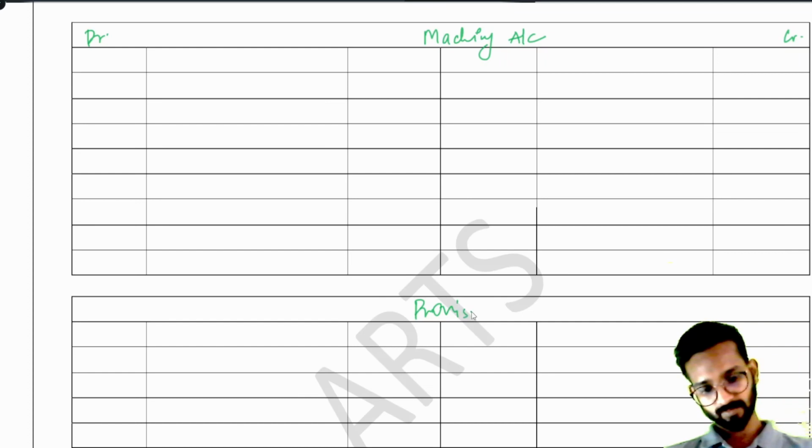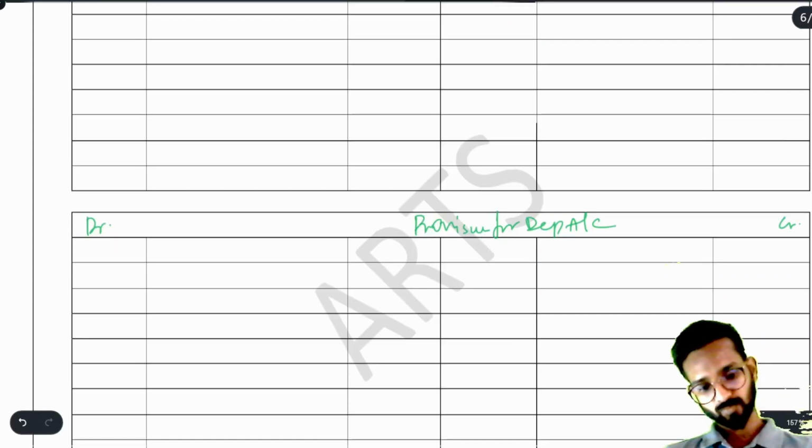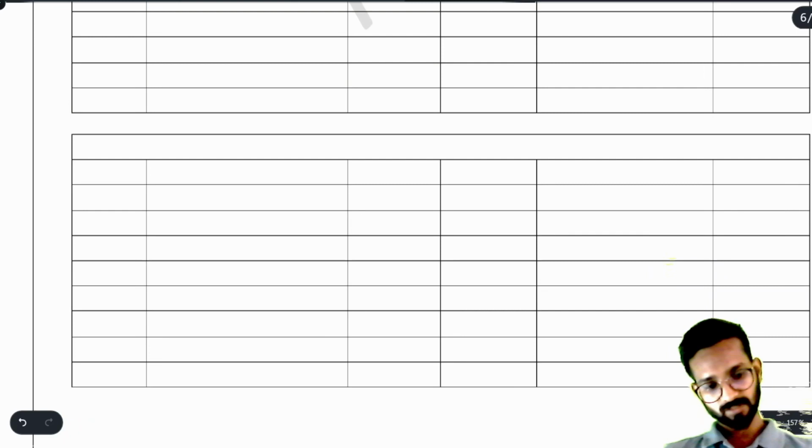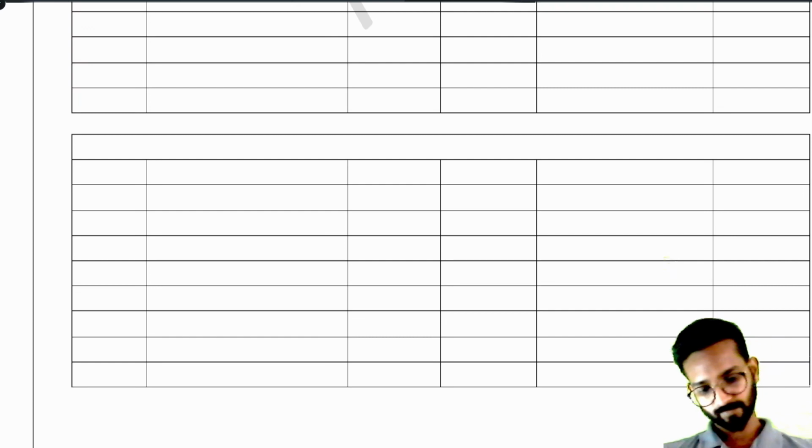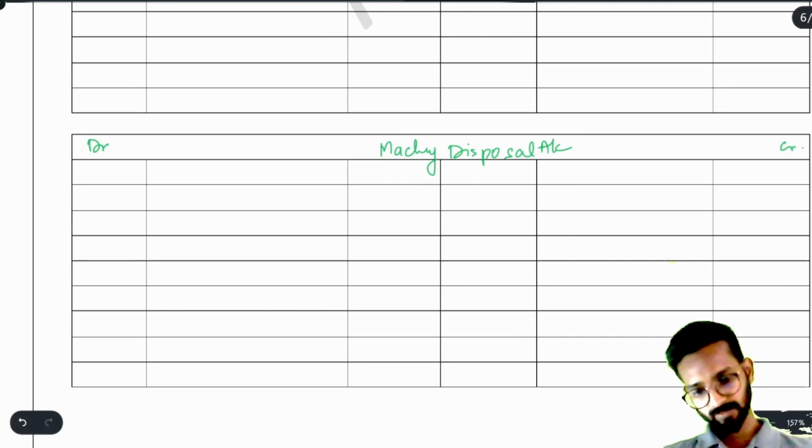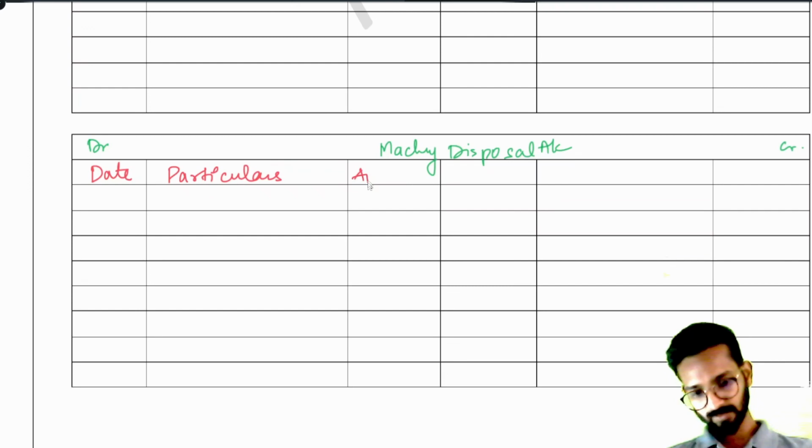Then the provision for depreciation account we have to prepare, credit, debit. Then one more will be there, asset for disposal, or you can write here machinery disposal account, credit, debit. Date, particulars, amount.